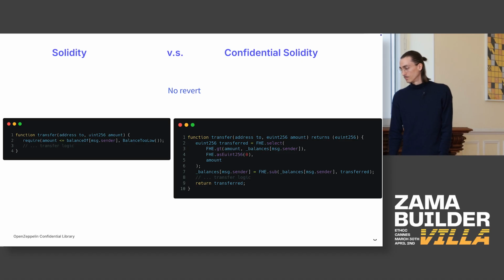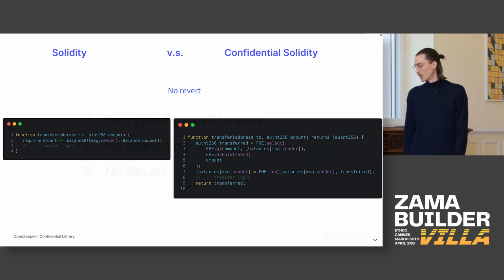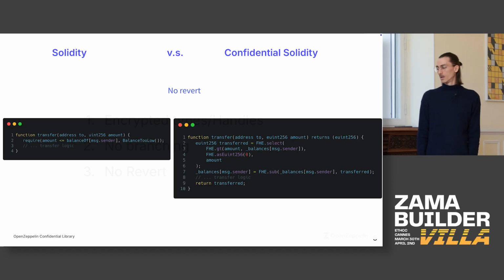So, for example, let's say you want to build something which transfers some confidential tokens to someone. You would first have to check the encrypted balance. If the balance of the sender is enough, you would return the requested amount. But if the balance is too low, you would return an encrypted 0, and then give everything back to the caller.